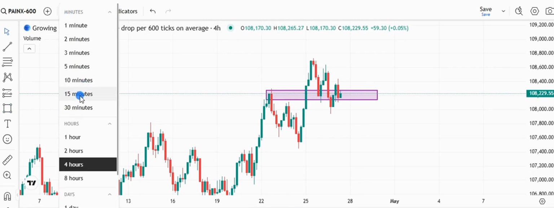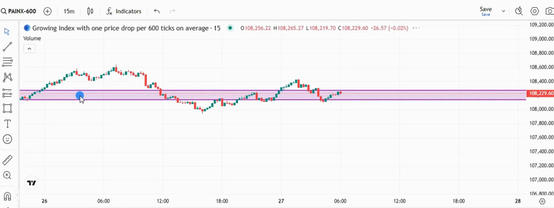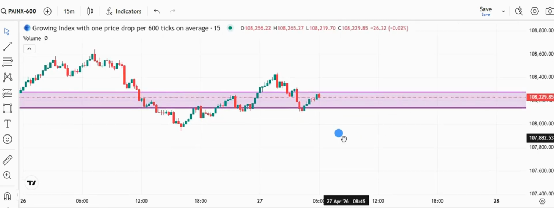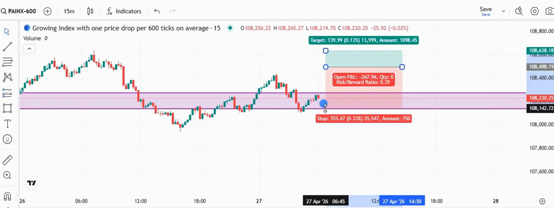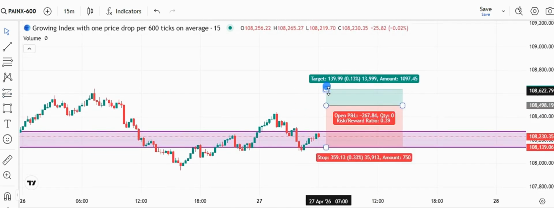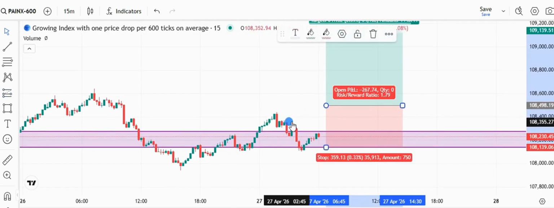So let's go to the 15-minute chart also. Let's see what's going on. We analyzed something like this earlier, so it's the same thing. Let's say the market is going to close out of this first long. We should close above this, and that means we just go on the long side. So if it closes above this, we're going to create a long on 600. So let's see how it goes as it goes back.